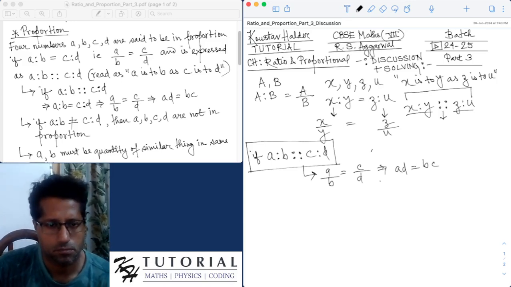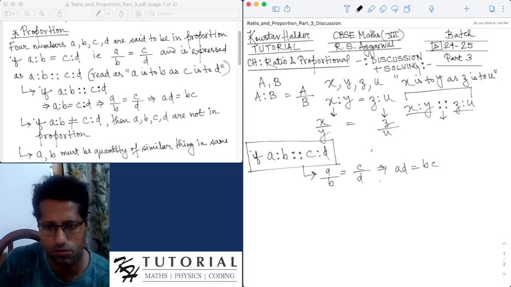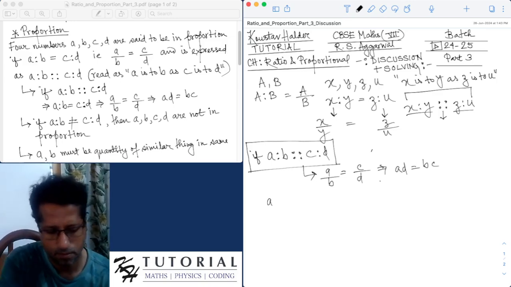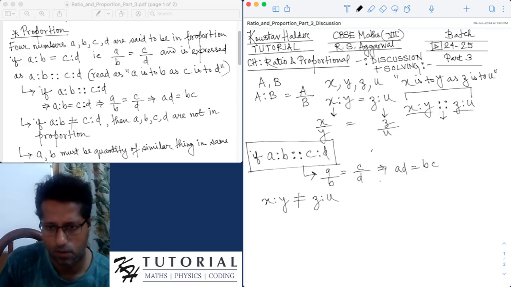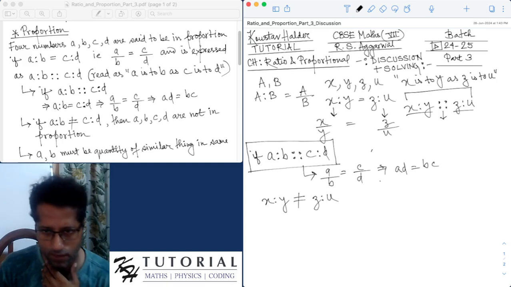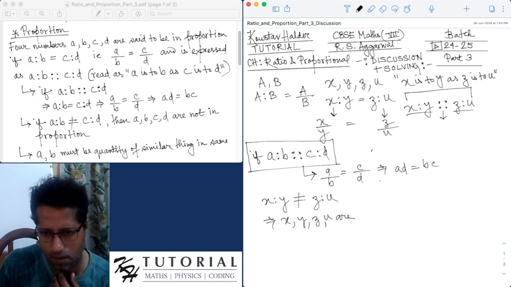Now, if we take some other letters, let's say X is to Y and Z is to U are given, and it is given that the two ratios X is to Y and Z is to U are not equal, this implies that X, Y, Z, U are not in proportion.